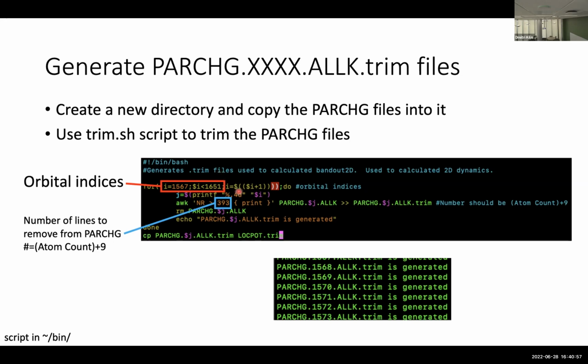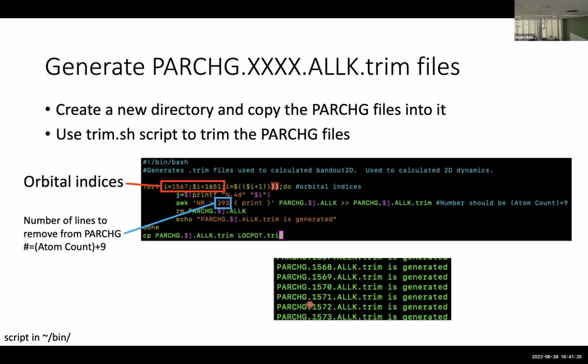What the script does is it takes the part charge files and converts them into a form that MATLAB can read. So the things to look for here, in the red box, are your orbital indexes. And in the blue box is the number of lines to delete from the part charge file, which should be your atom count plus 9.